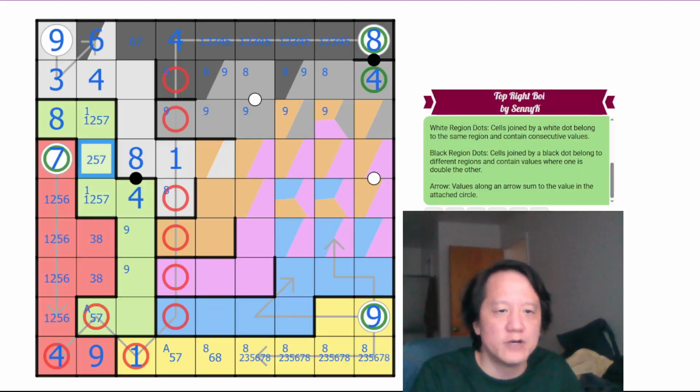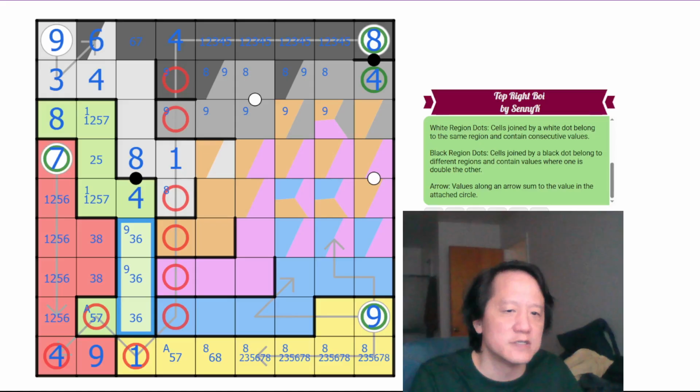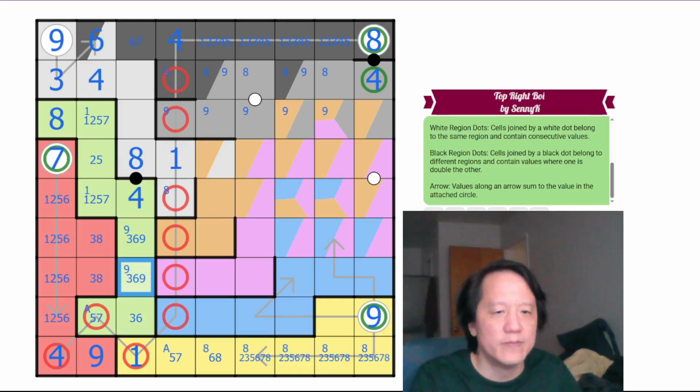This can't be 1, obviously. No 7 there because of 7 in the row. This forms a 1, 2, 5, 7 quadruplet in the green region, so the remaining digits there must be, what, 3, 6, and 9? And no 9 here because of 9 in the row. Okay. That means this can't be 6 here. This is 7.